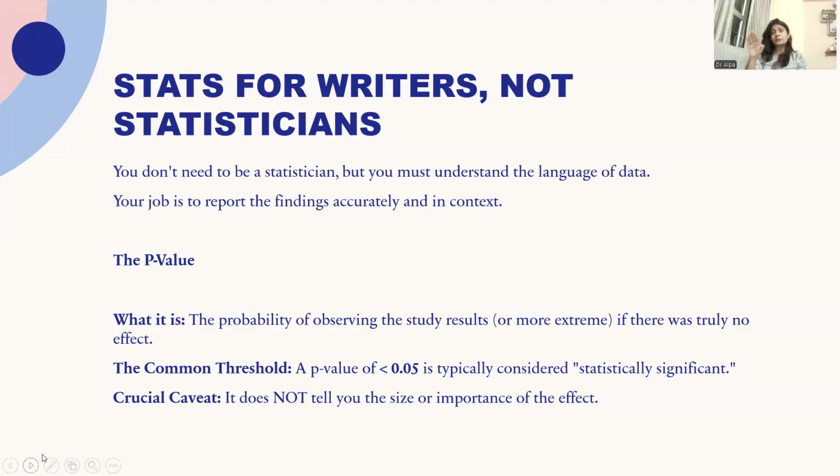So p-value is inversely proportional. But definition wise, p-value is the probability of observing the study results if there was truly no effect. So actually it means the same thing. Okay.